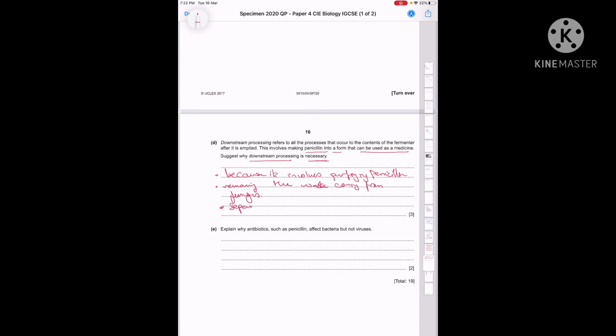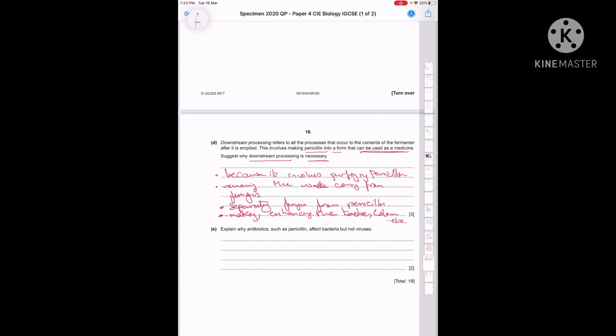So separating fungus from penicillin, okay. And also they're asking, it can be made into medicine. So making or enhancing the taste and the color, etc. This is why this is a very, very important step.